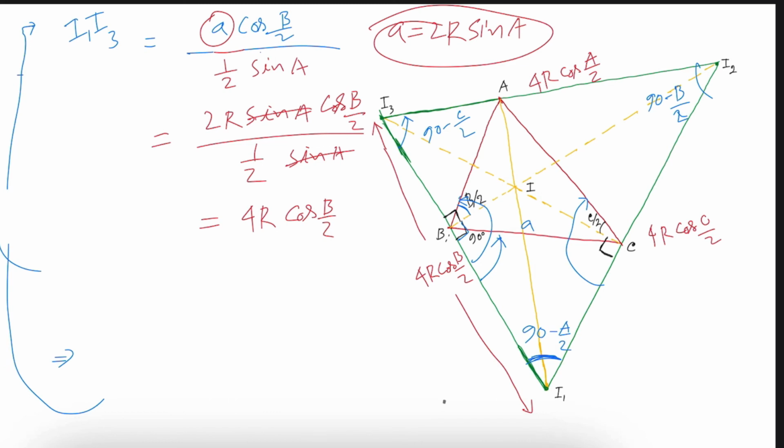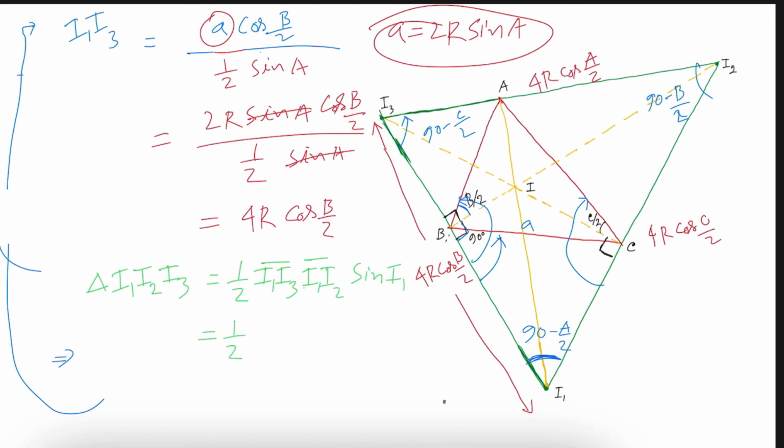Okay, now if we try to find the area of the triangle I1 I2 I3, we can write it as half of I1I3 into I1I2 into sine angle I1.